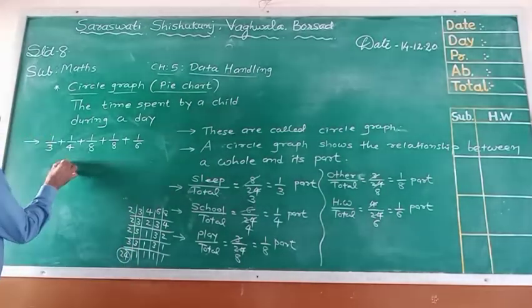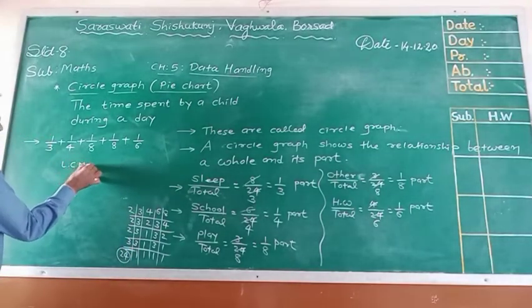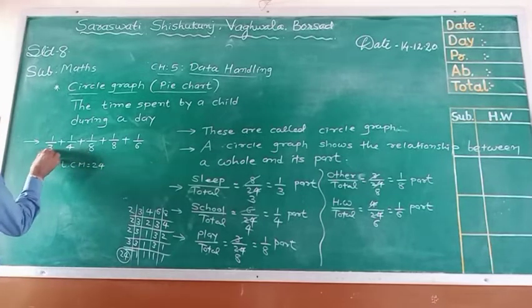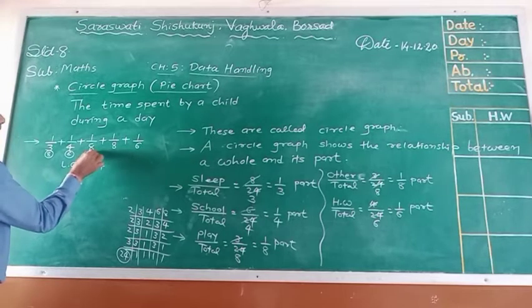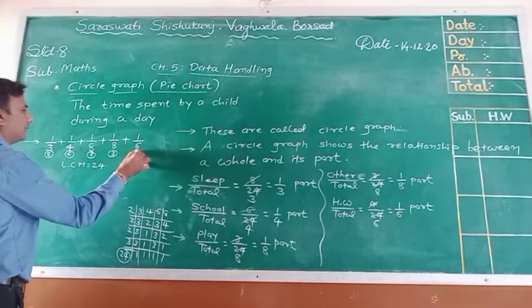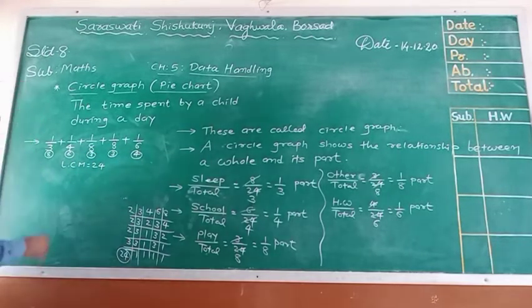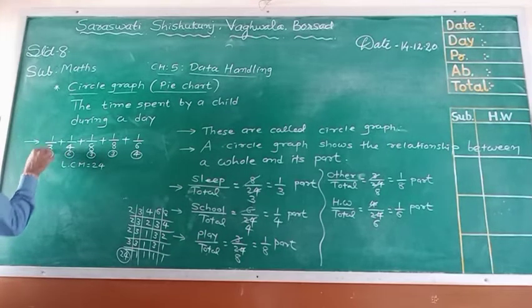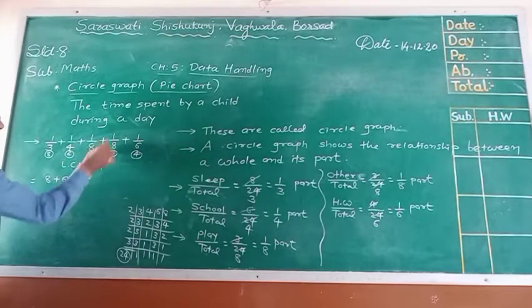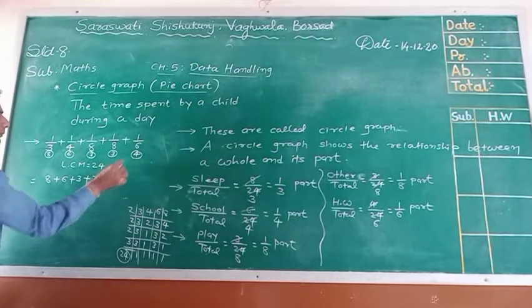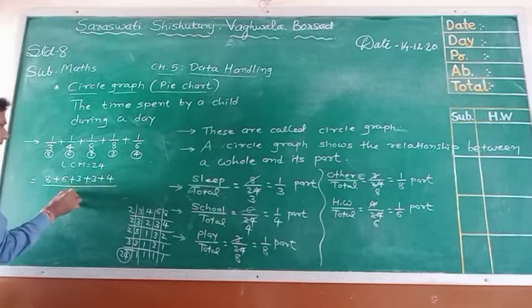Yes, so the LCM is 24. Now 24 divided by 3 is 8, 24 divided by 4 is 6, 24 divided by 8 is 3, and 24 divided by 6 is 4. So the numerators are 8, 6, 3, 3, and 4, upon total 24.